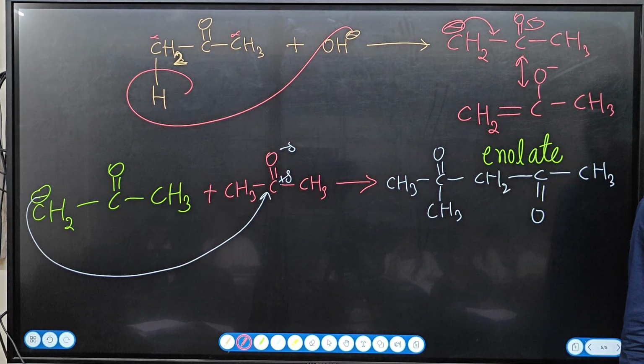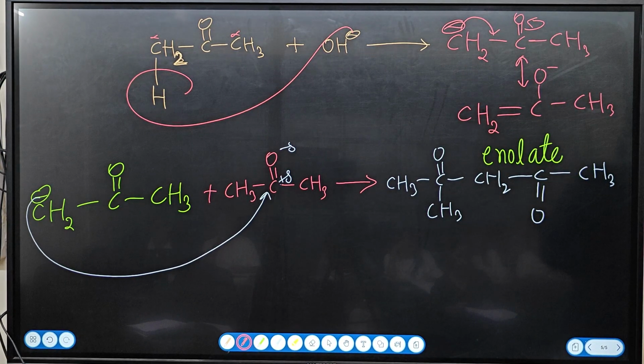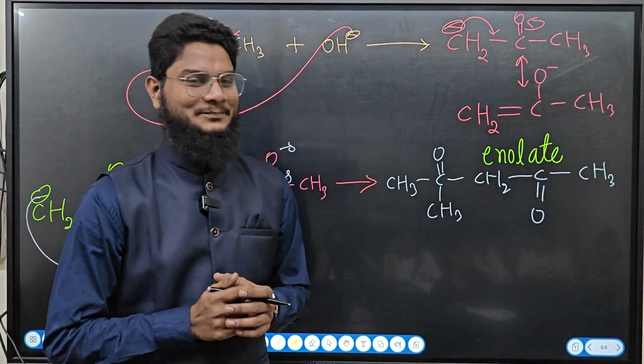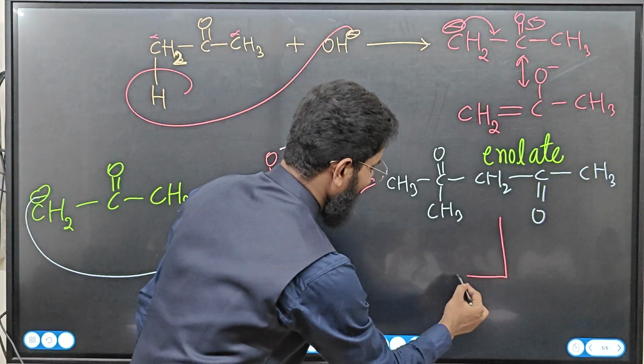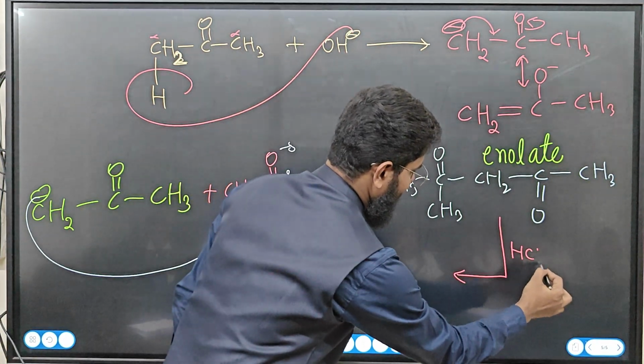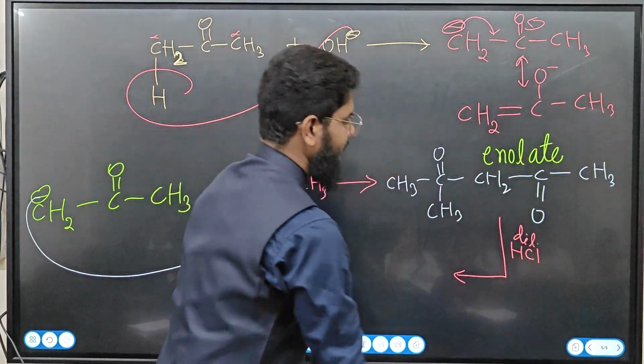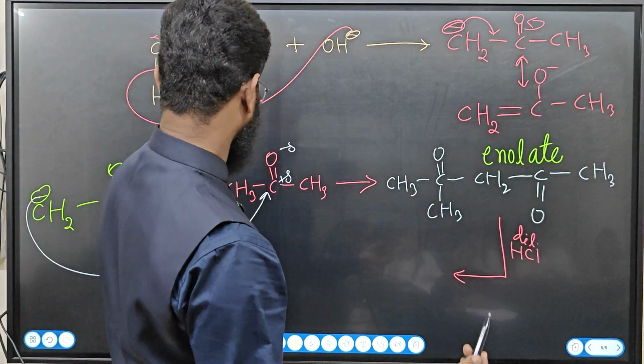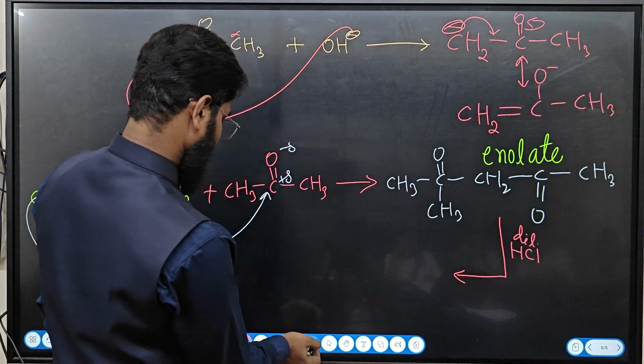What's the next step? It's your workup, dilute HCl. Where is the negative sign?